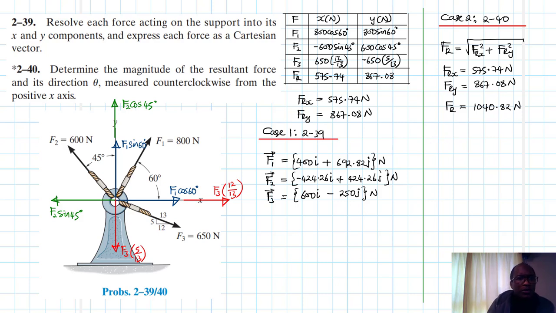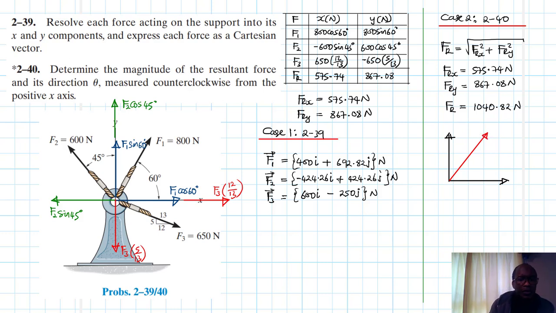Let me draw this before I calculate the angle. We have something like this, and then we have the resultant in that manner. The resultant will be much closer to the bigger vector, so it will be there.